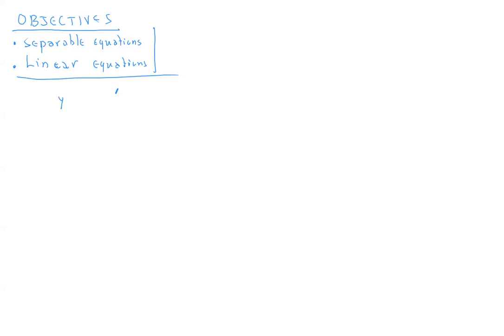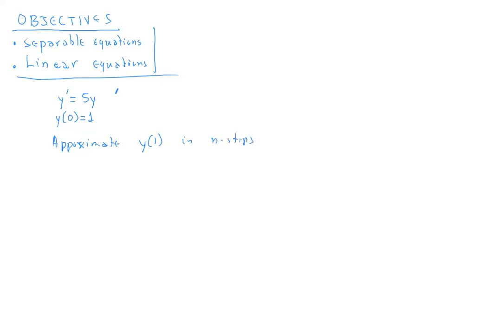So you have, let's say, an equation like this: y prime is equal to 5y, and y of 0 is 1. And the question is: approximate y of 1 in n steps.